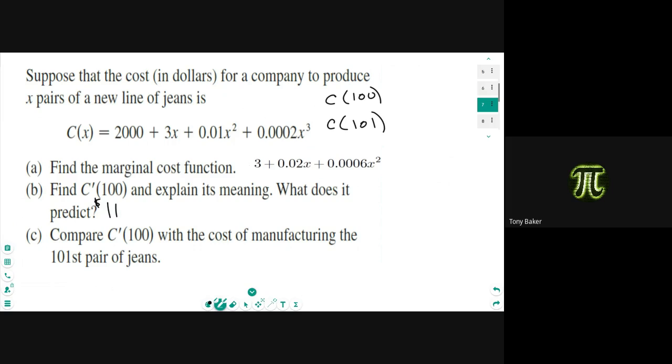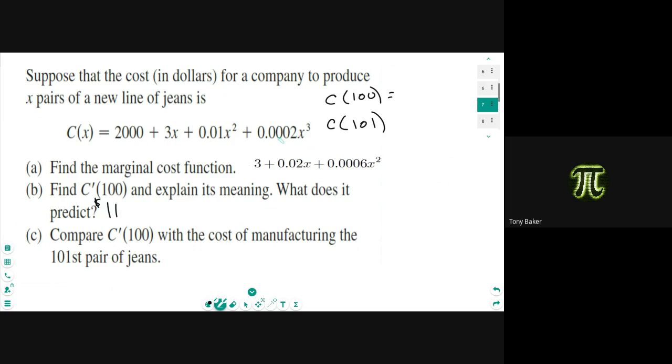That's basically what you're trying to figure out.